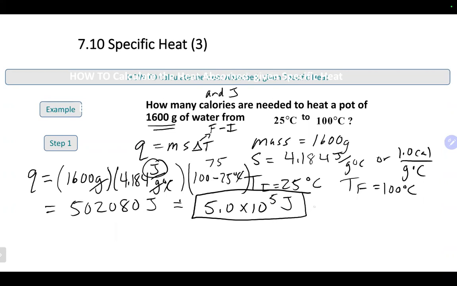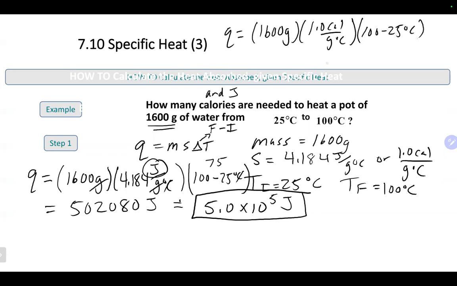Now, we could just use the conversion factor at this point and convert it to calories, or we could go into the equation, obviously, with calories, and whichever way you want to do it. So you could do, again, 1,600 grams. You could use the 1 calorie per gram per degree Celsius. And once again, our 100 minus 25 degrees Celsius.